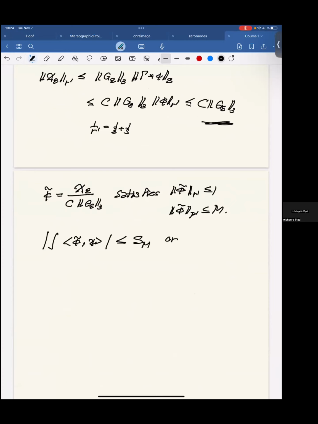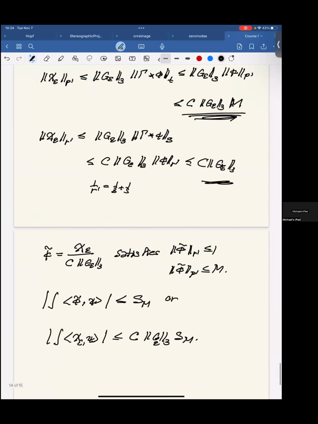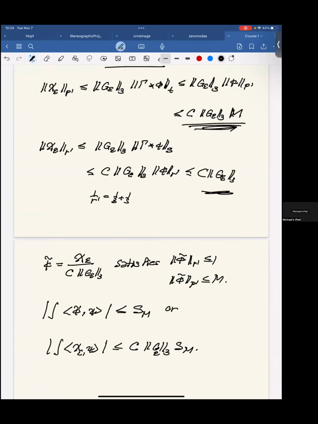Or, if you like, the integral of chi epsilon psi is less or equals constant G epsilon 3 Sm. Okay, so this is very elementary, all is Hardy, Littlewood, Sobolev, and Hölder, nothing else, right?